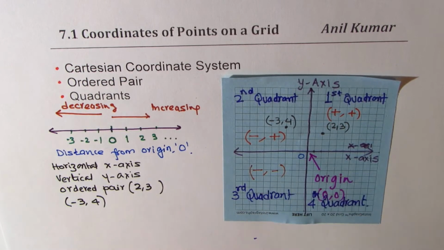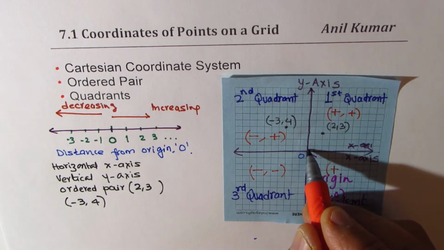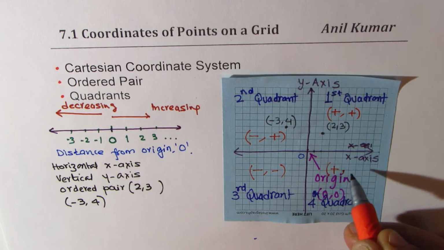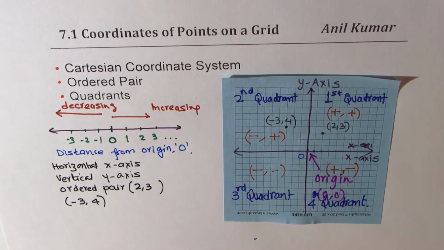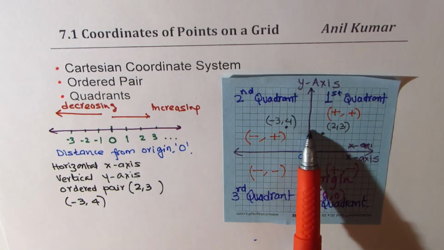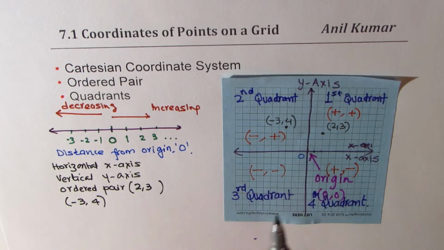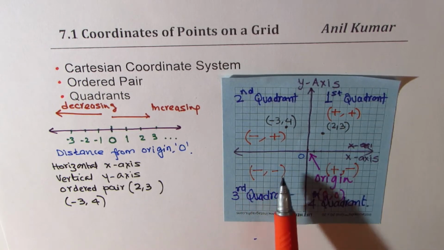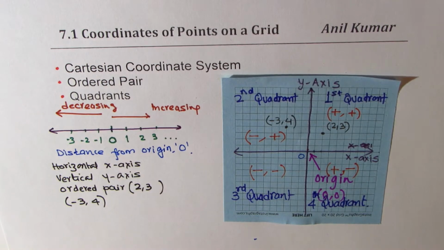So both x and y values are negative. In quadrant 4, the x value is positive since we are on the right side of the y-axis, but the y value is negative since we are below the x-axis. So any point in this plane which is on the left side of the y-axis will have a negative x value, and any point which is below the x-axis will have a negative y value. You get the idea.